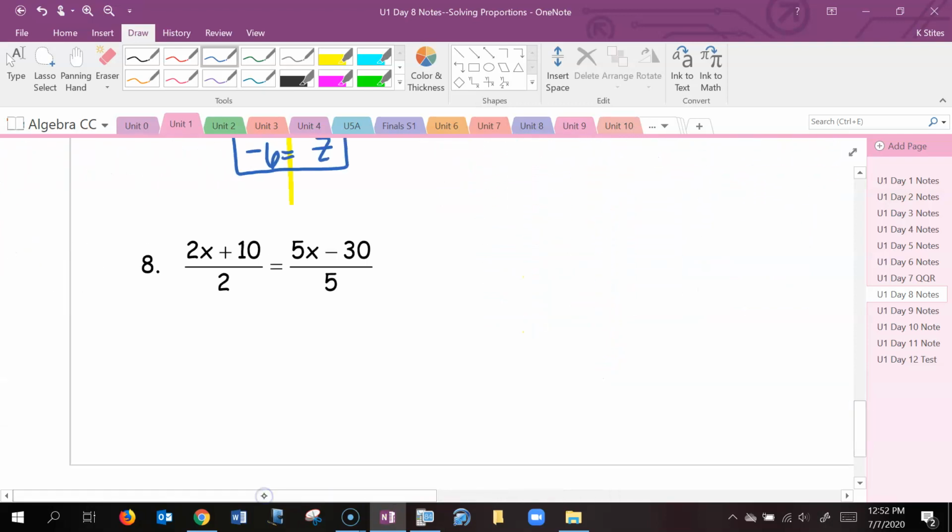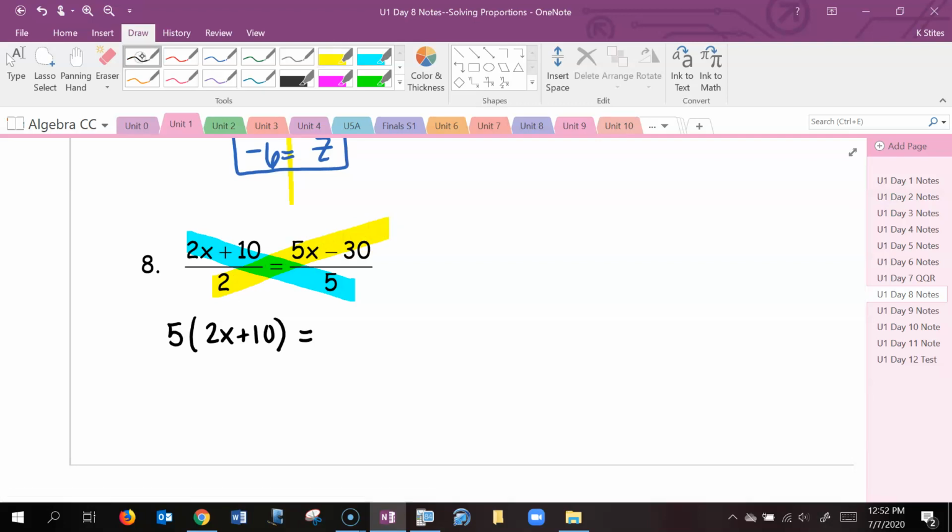All right, last one. Again, just pick a cross that you want to start with. I'm going to do this one. Make sure that number goes out front. We are distributing to the whole 2x plus 10, so that's why I'm putting parentheses. Equals, cross again. 2, parentheses, 5x minus 30.